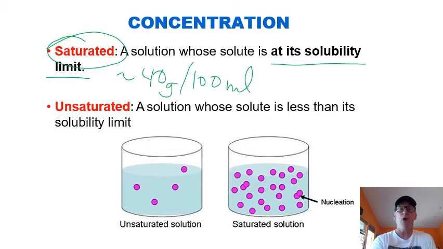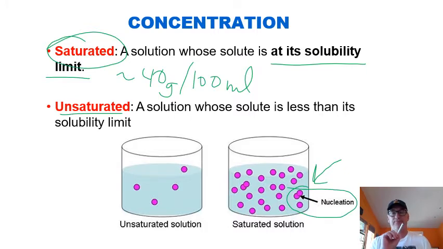Now, something below that amount is unsaturated, meaning we can add more salt and it will dissolve in solution. Now, notice here, in a saturated solution, when we start to add more solute, you get something called nucleation.